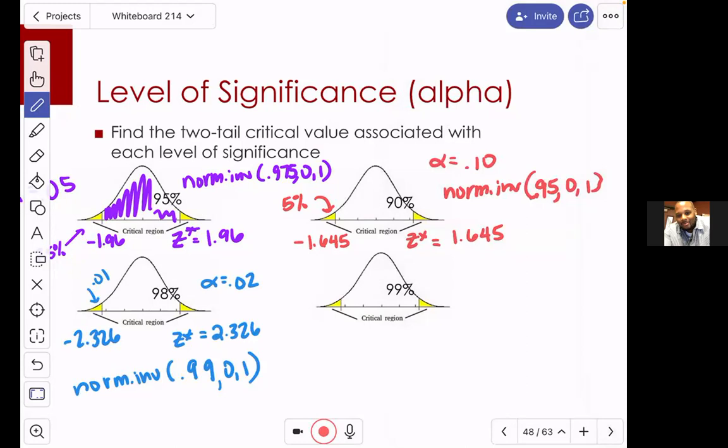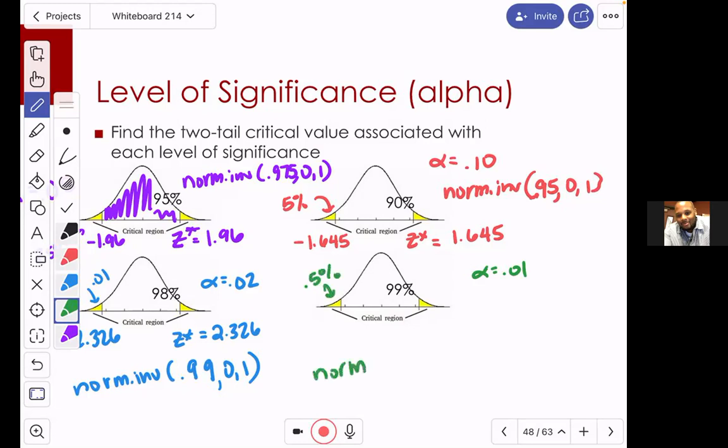And this last one, 99%, your alpha is equal to 0.01. So that means you have 0.5% over here. So again, norm.inv of 0.995 to calculate the z star here.